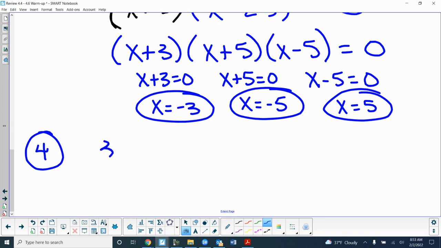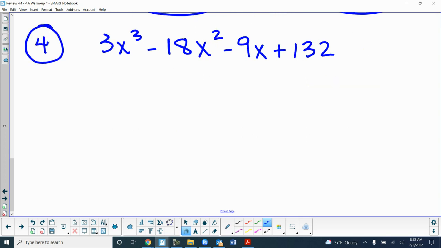We got 3x cubed minus 18x squared minus 9x plus 132. Okay, so how many should I find? 3 of them, right? When I graph it, can I see all 3 of them? Yes. The graph looks similar to this.